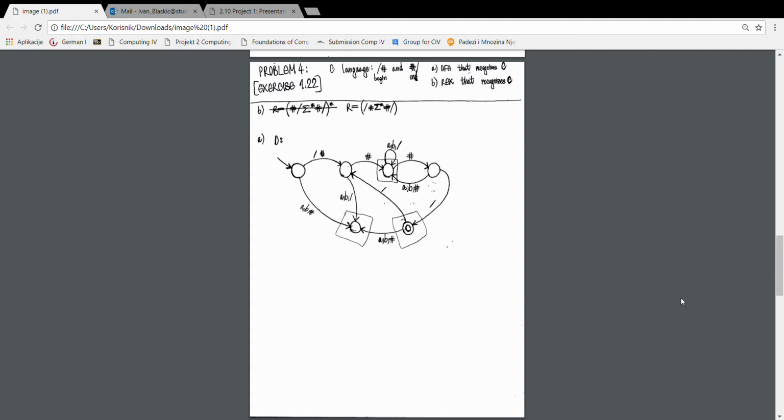Let's say that this is a C language comments acceptor. I found it very interesting to build up something like this with a DFA. I don't know why, I just find it interesting.